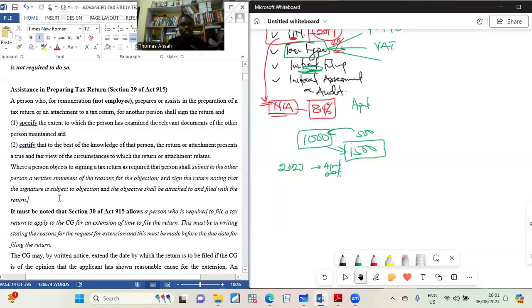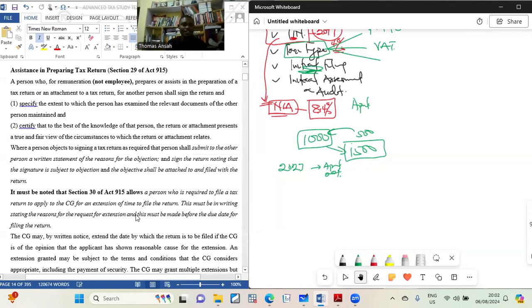Because sometimes when you are doing this for people, they want to tell you what you are supposed to put in. And so when you are putting it in, it means you have doubt. It means you must state the grounds because you are signing your signature on it. So you must state the grounds on which you object to certain things in it. All right. So basically, that is that.